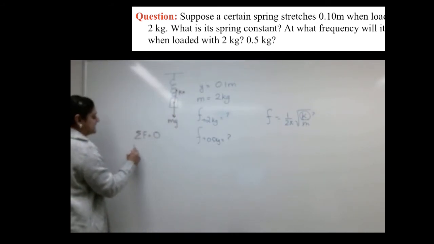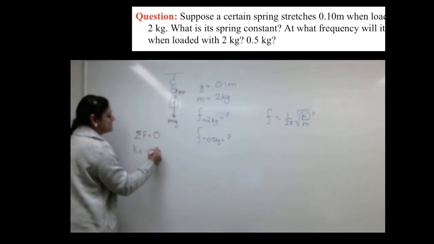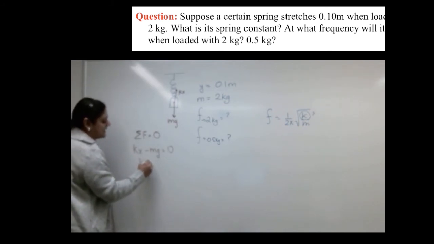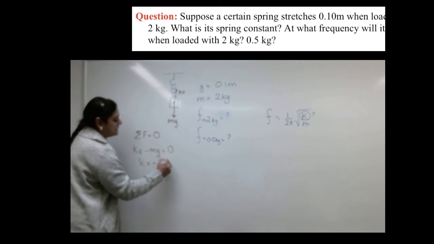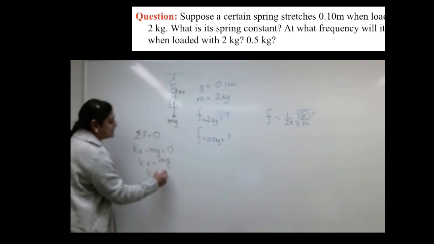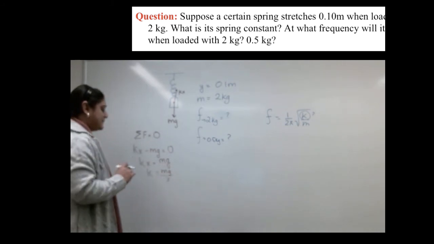This means that kx, the spring force, minus mg, which is acting downwards, has to equal 0. Or kx equals mg, or k equals mg over x, where x is the stretch.